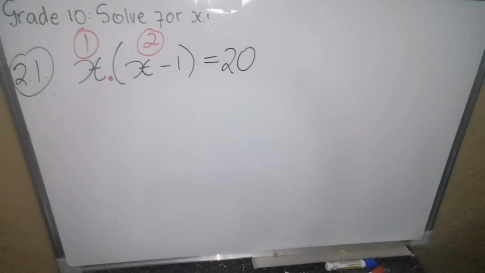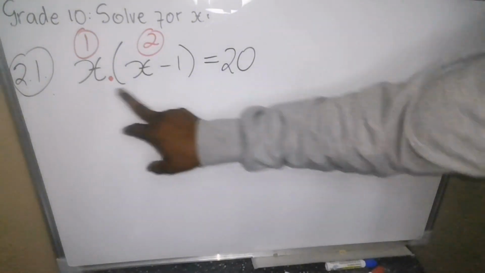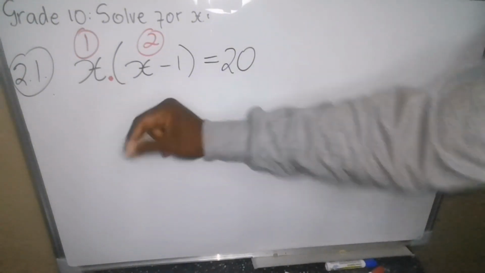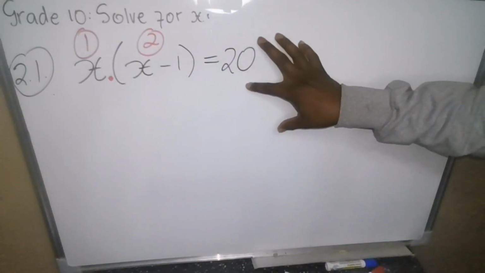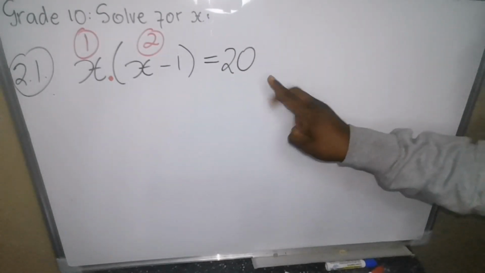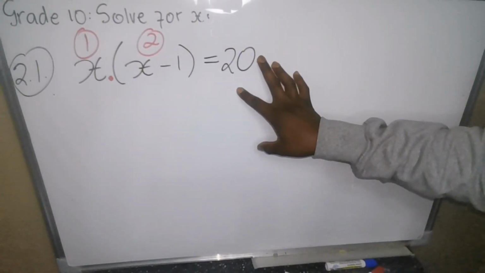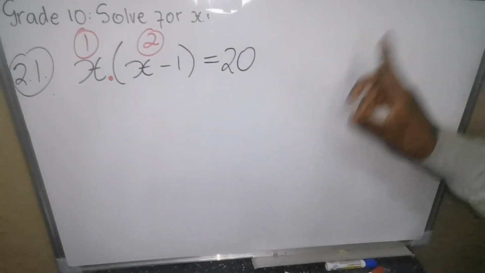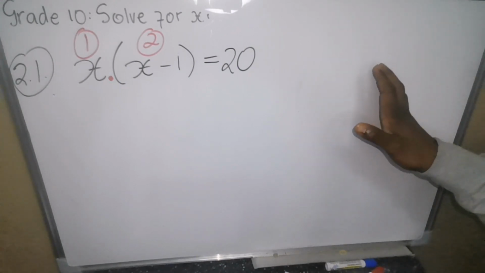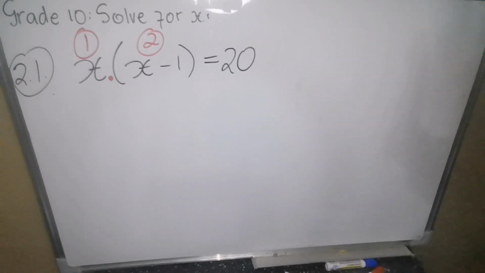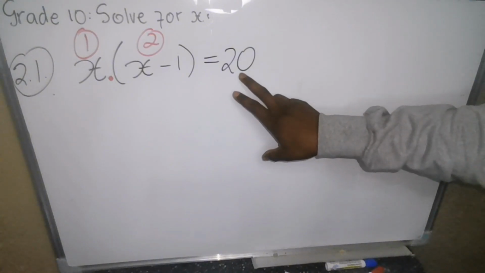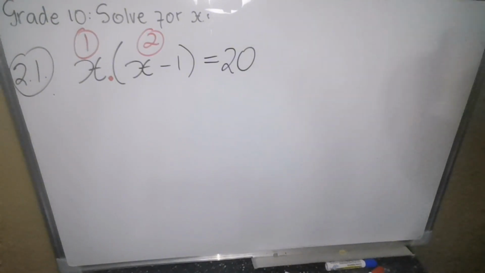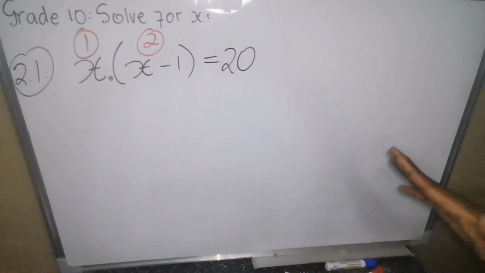Now, if I've got two products, the first product and the second product must be equal to 0 on my right. But you don't have 0 on the right. How are you going to solve it? If you don't have 0 on your right side, then you must multiply out your brackets. That's very simple.